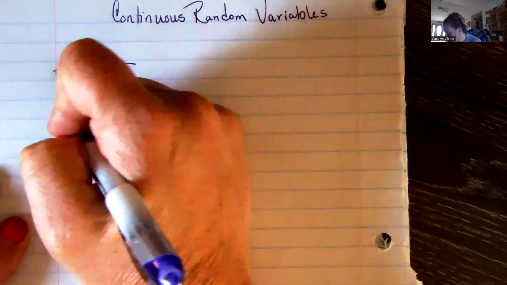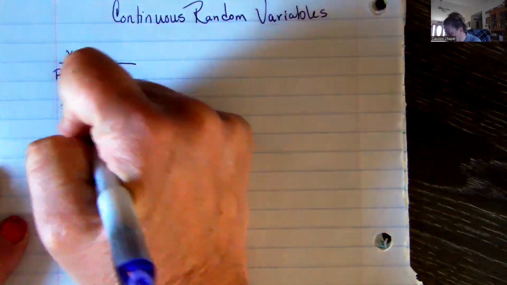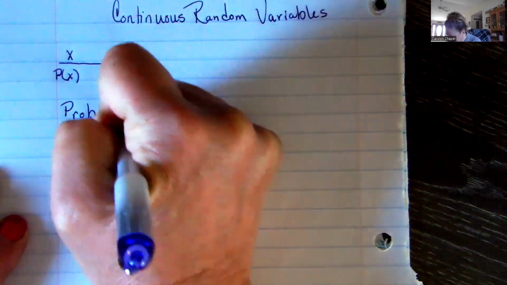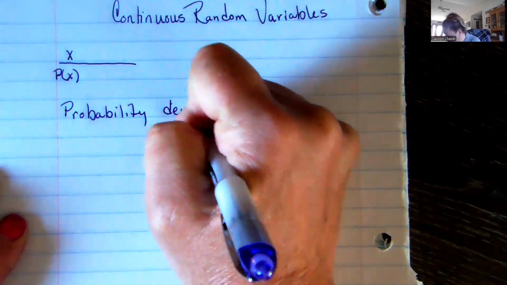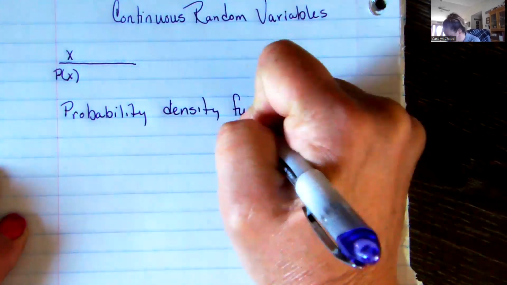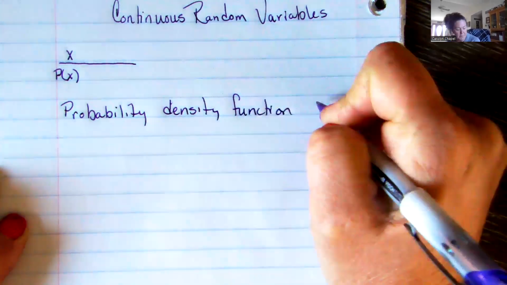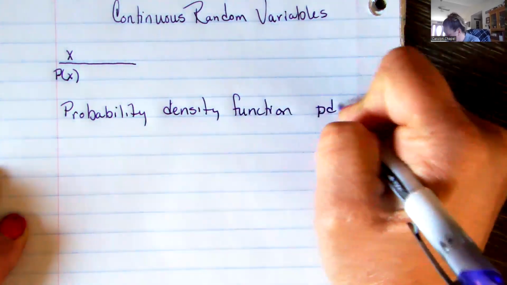And we do so using a probability density function, sometimes referred to as a PDF.